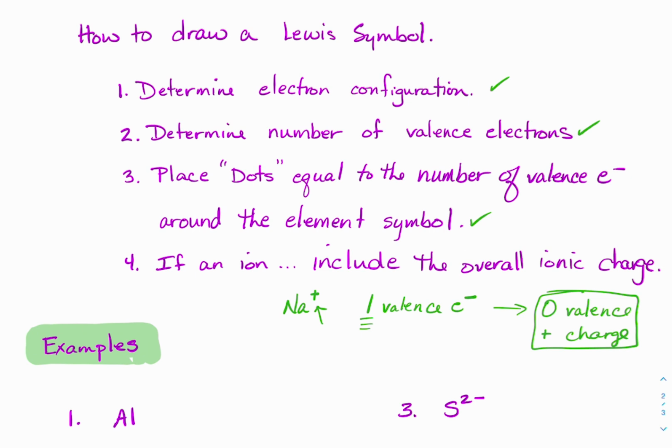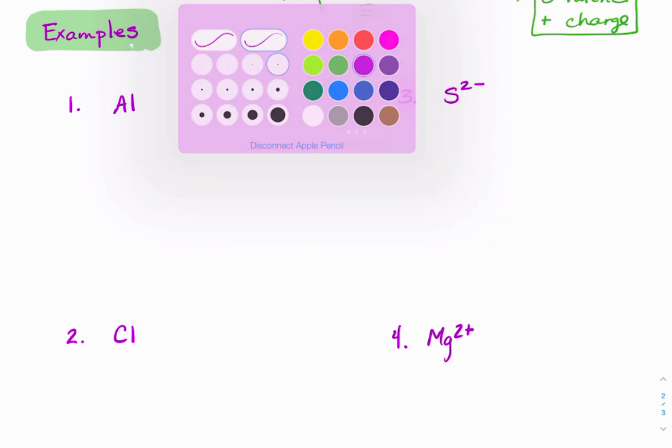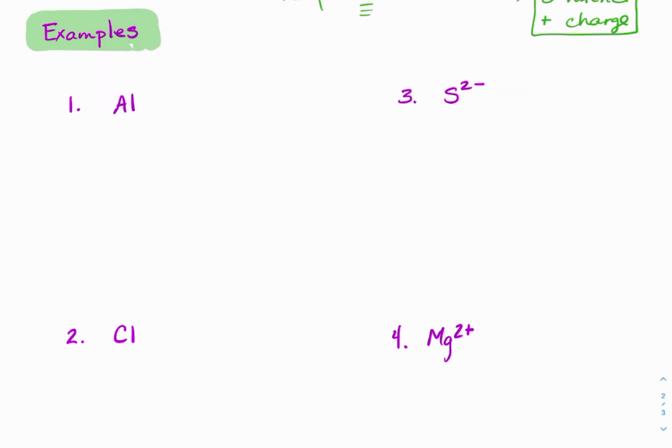So let's do some examples of where we do normal neutral atoms and charged atoms so that we can practice drawing our Lewis symbols. So aluminum. Aluminum happens to have 13 electrons, and so its orbital diagram looks something like this: 1s, 2s, 2p, 3s, and then 3p.